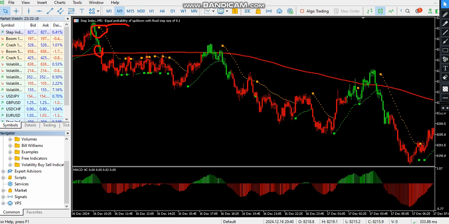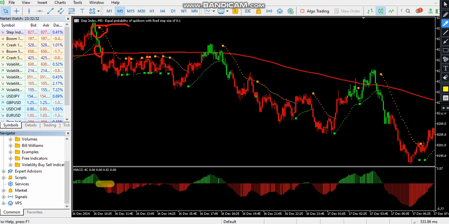Now, another thing you will keep in mind, see the movement. Once it turns red and it's going below the zero line, we should consider going short. Consider selling.